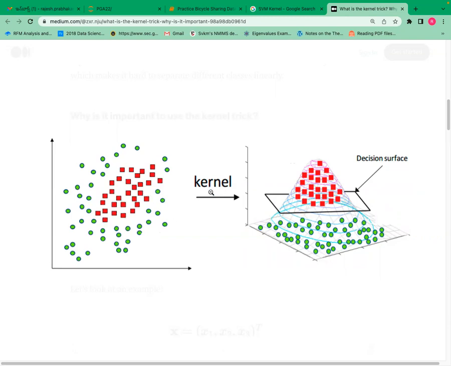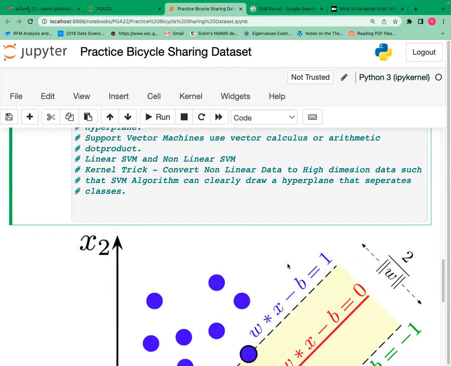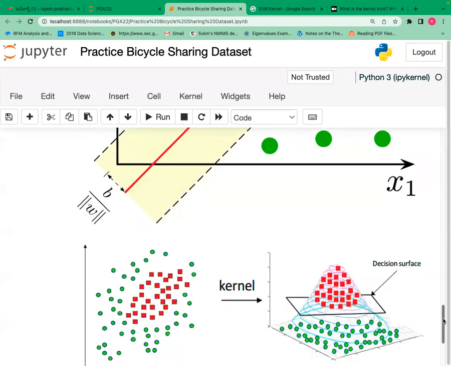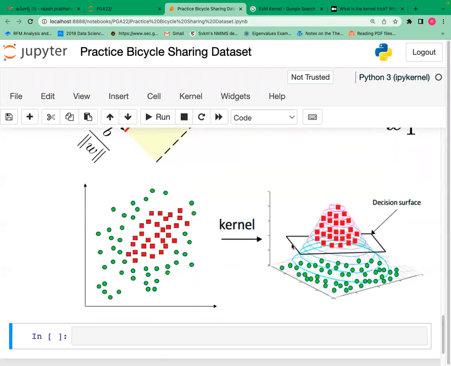By applying a kernel, it transforms into a higher dimensional data where you can draw a decision surface or a hyperplane very, very clearly. So this is the job of the kernel trick. The kernel trick will convert the data into a higher dimensional space where a clear decision boundary can be drawn. These are straight lines, right? These are linearly separable decision boundaries, where we can draw the separator very easily.